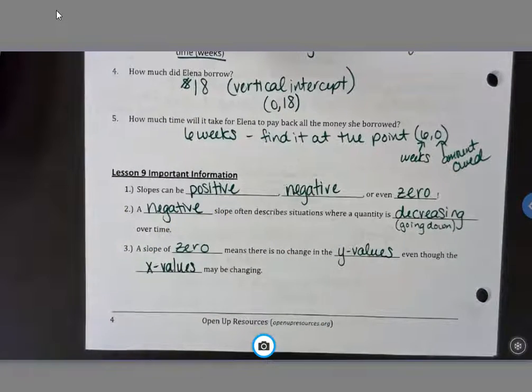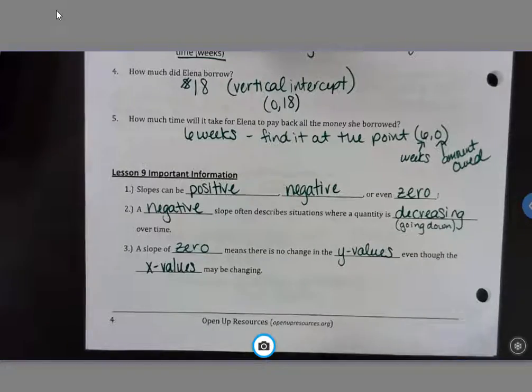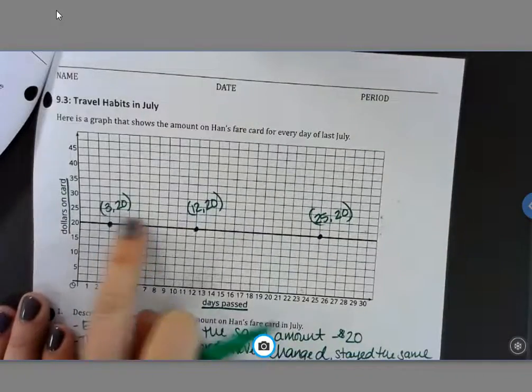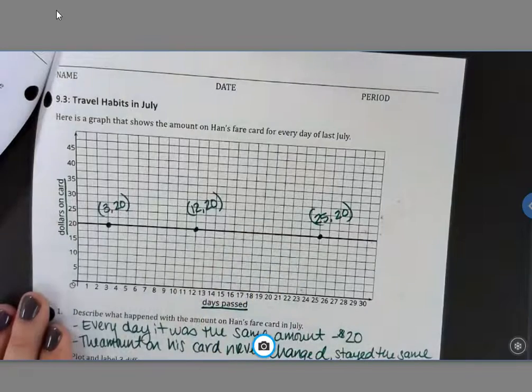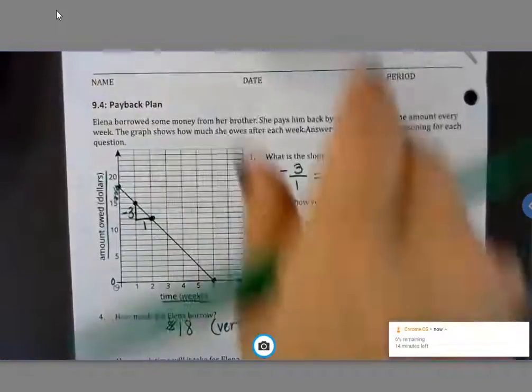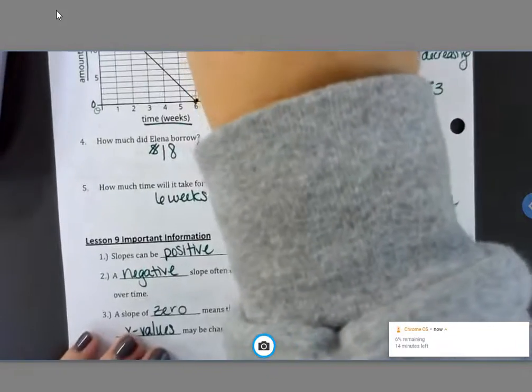And we know that on that 0 graph, we put those 3 points. And if we look at those 3 points, again, the y values all stayed the same, even though the x values changed. So that's one way we can know whether or not it has a 0 slope.